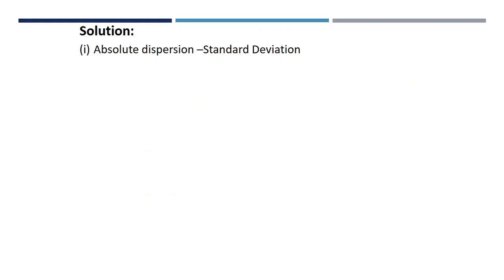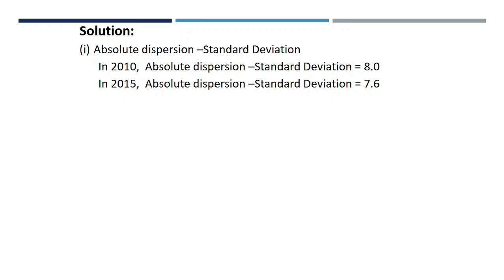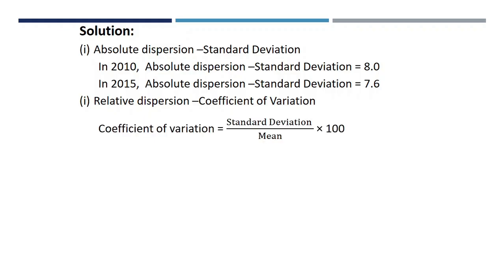Absolute dispersion is the standard deviation, and in 2010 it is given as 8.0. In 2015 the standard deviation is 7.6. Of these, the highest value for standard deviation is in 2010, which is 8. Now for relative dispersion, which is coefficient of variation, it can be calculated with the formula standard deviation by mean into 100.